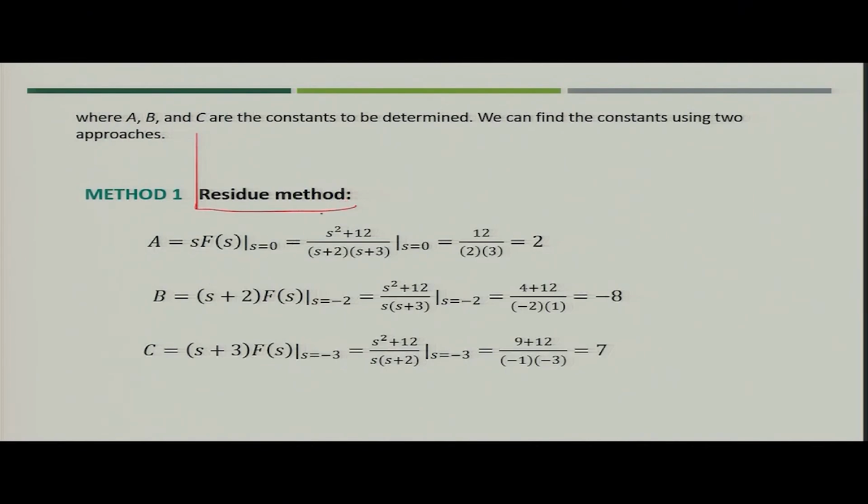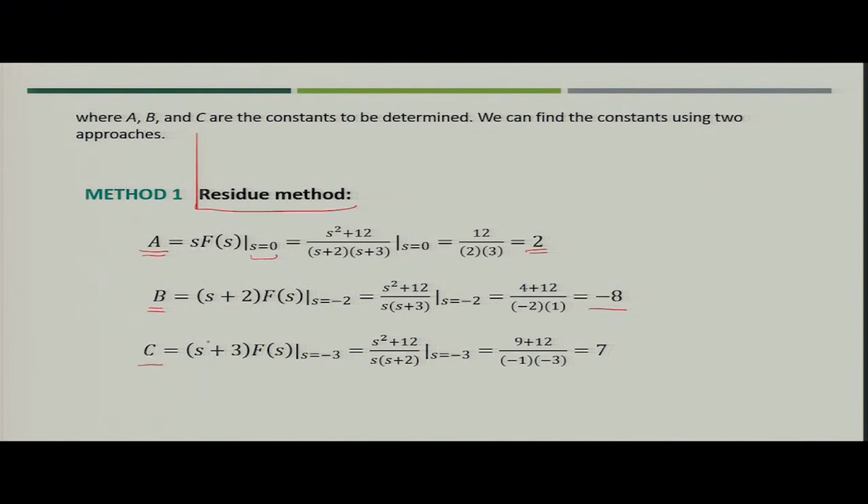So, in this case we will first multiply the Laplace transform with s and equate it for s = 0, we will simply get A, which is 2. Similarly, for finding out B, we multiply the Laplace transform with (s + 2) and find out the value of the complete function at s = -2, and we get the value of B as -8.